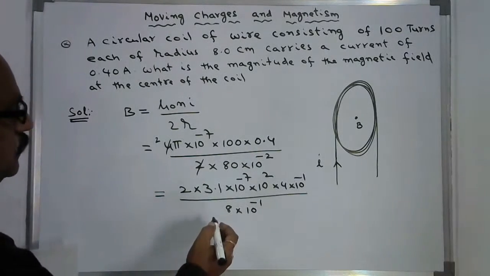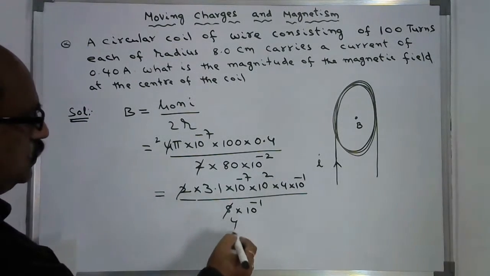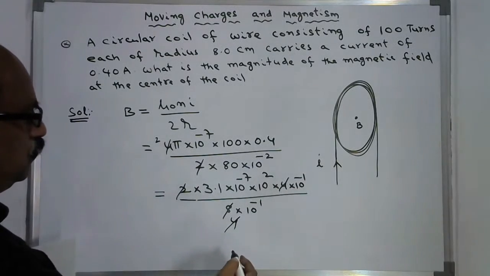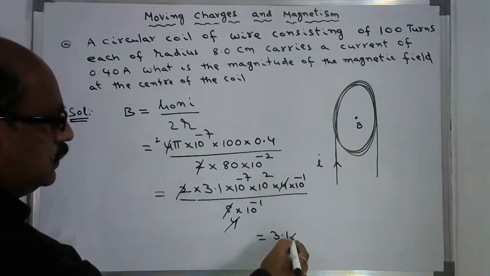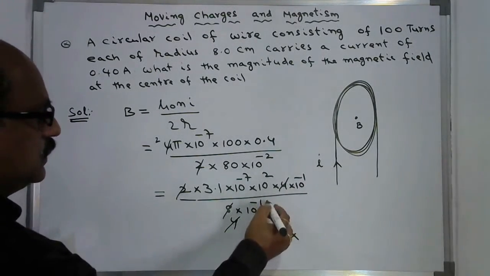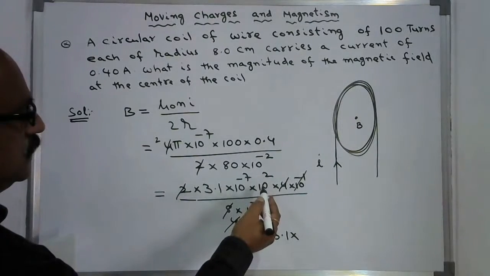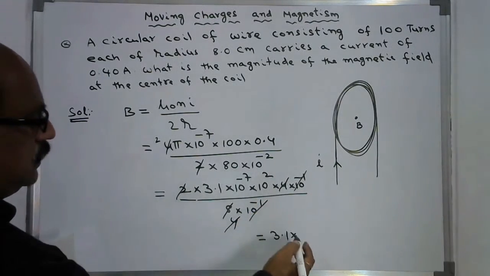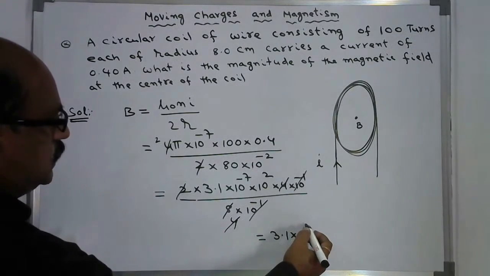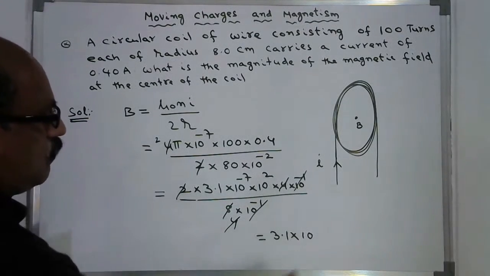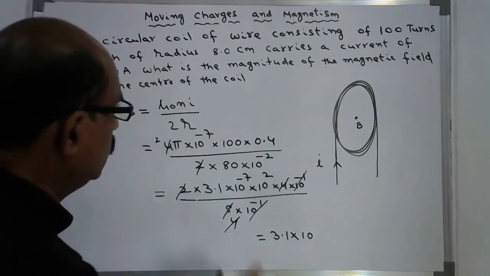So now what happened? You see, the 4s can be cancelled, and this becomes 3.1 into, when it goes up, this can be cancelled, and this will be 10 power of minus, yes, this is not actually 80, this is 8 only.